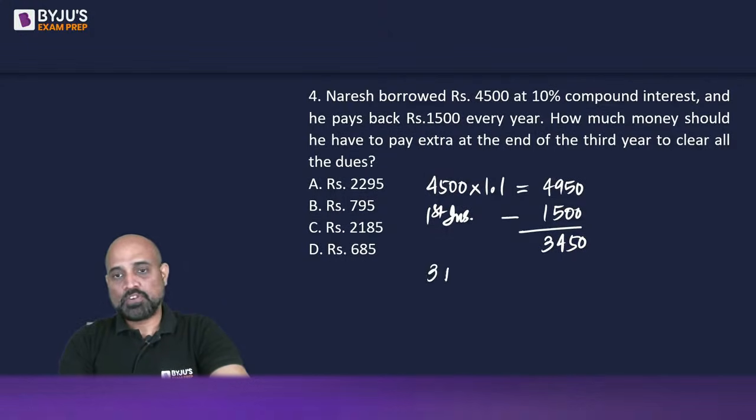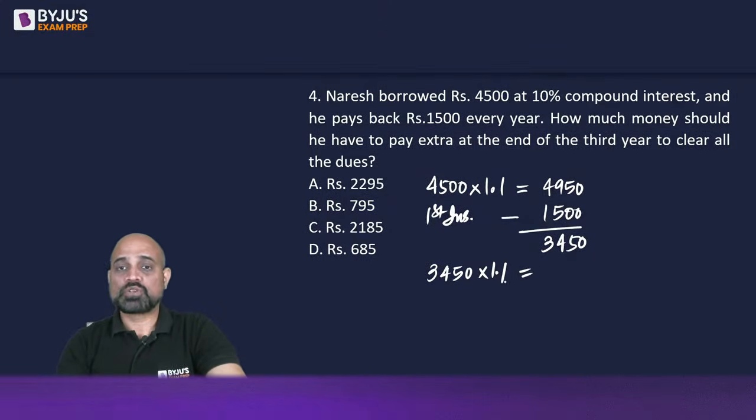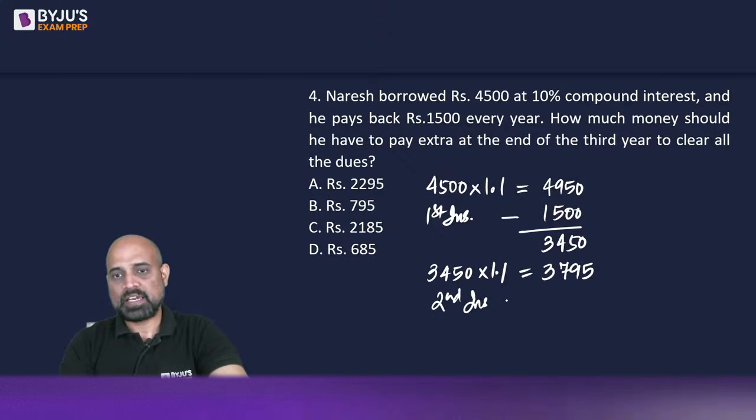Then this 3,450 is going to increase by 10% in the second year. So this is going to become 3,450 plus 345, making it 3,795. Then the second year installment he pays, which is going to be 1,500.